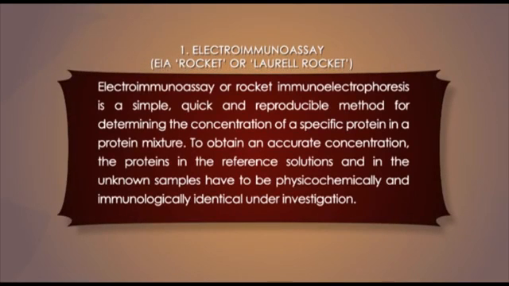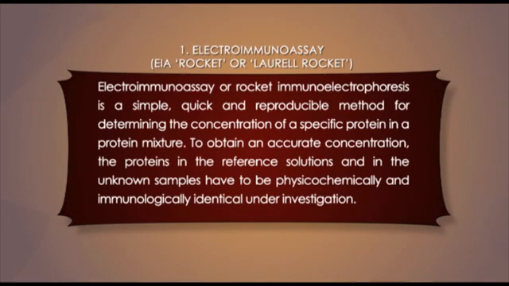Electroimmunoassay or rocket immunoelectrophoresis is a simple, quick and reproducible method for determining the concentration of a specific protein in a protein mixture. To obtain an accurate concentration, the proteins in the reference solutions and in the unknown samples have to be physicochemically and immunologically identical.